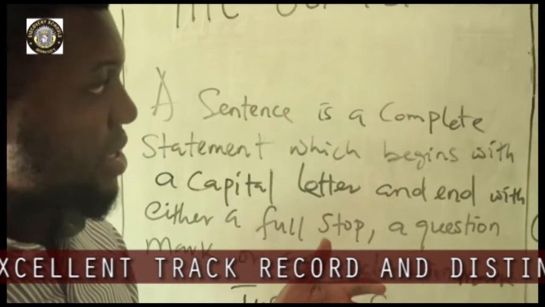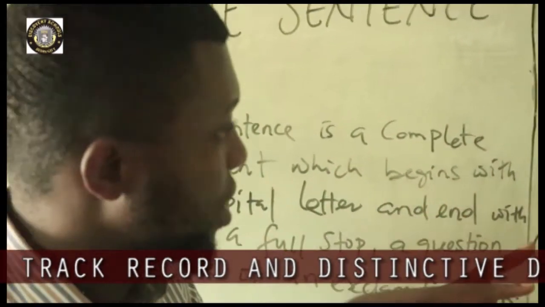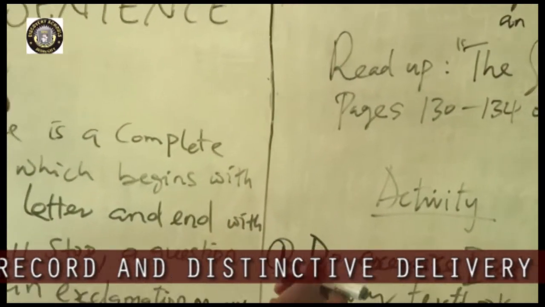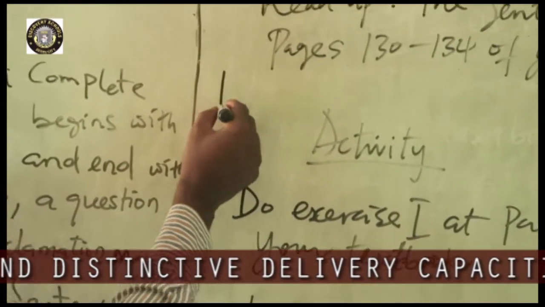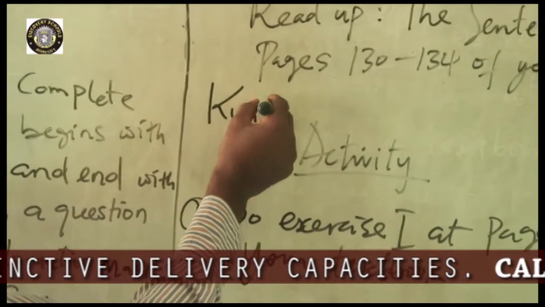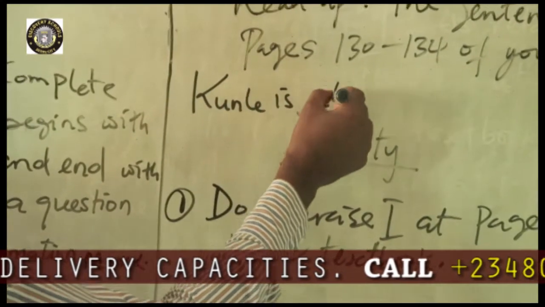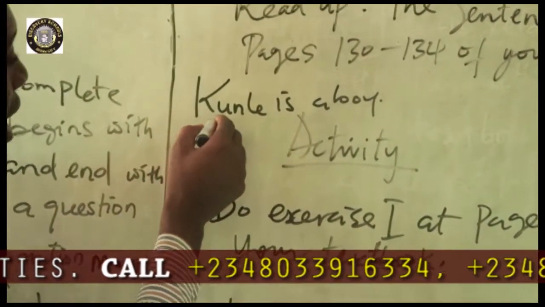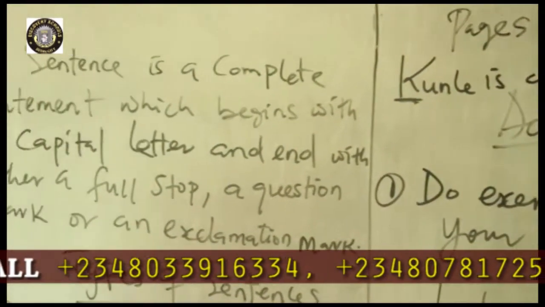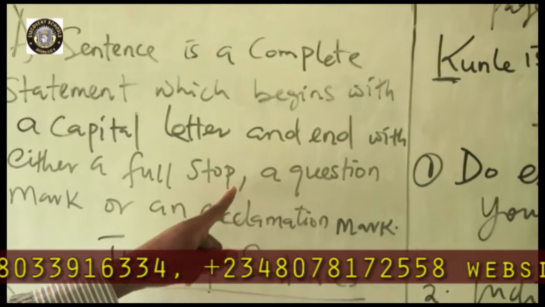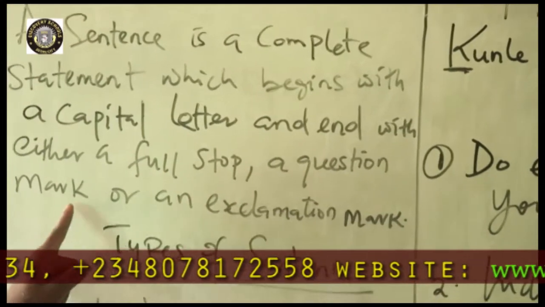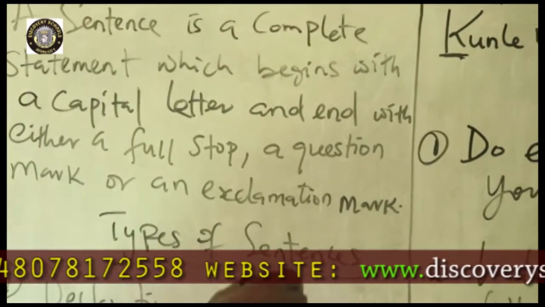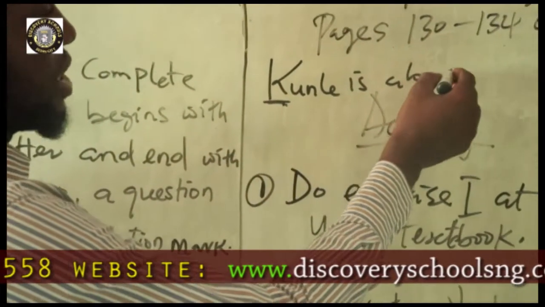And how does this complete statement start? It begins with a capital letter. For example, something like this. Kunle is a boy. Look at that. What does it begin with? It begins with a capital letter and ends with either a full stop, a question mark, or an exclamation mark. Here, because it is a statement, it's going to end with what?